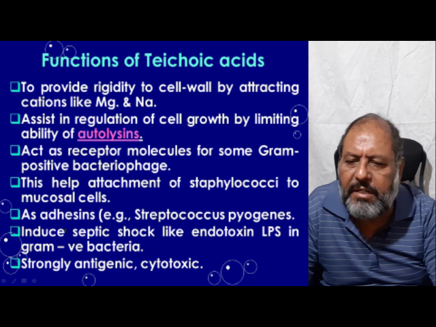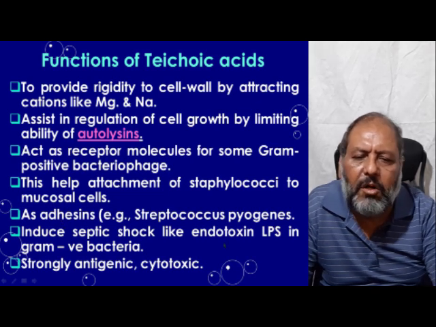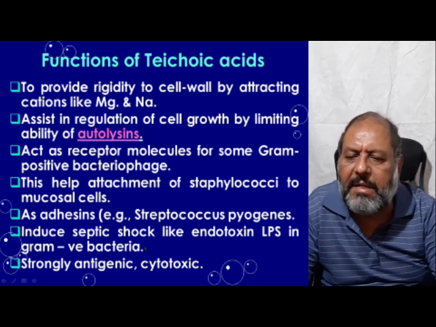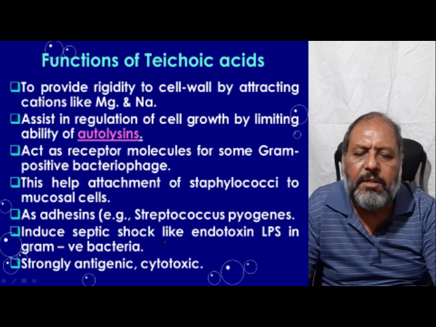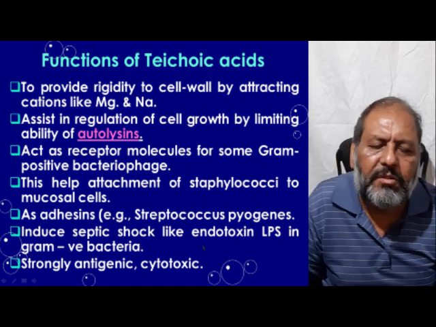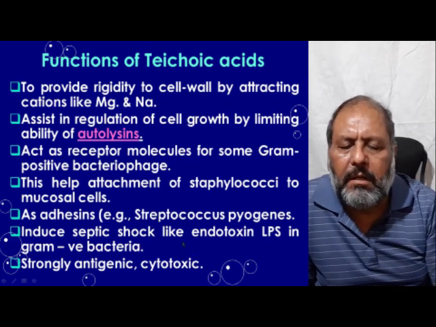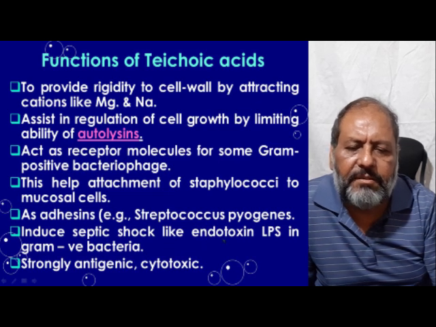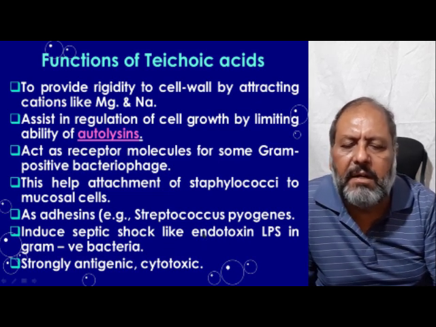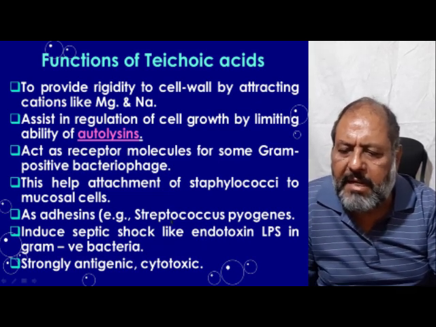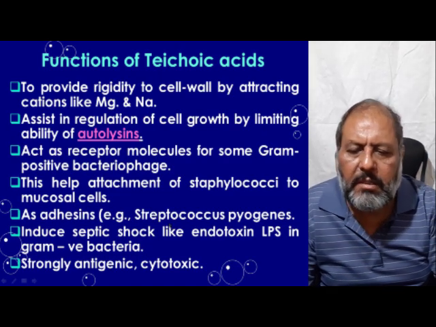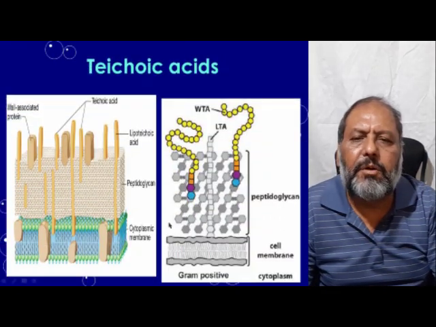In Streptococcus pyogenes, they induce septic shock like endotoxin LPS in gram-negative bacteria. So these work in gram-positive bacteria like the endotoxin LPS in gram-negative bacteria. That is strongly antigenic and cytotoxic.